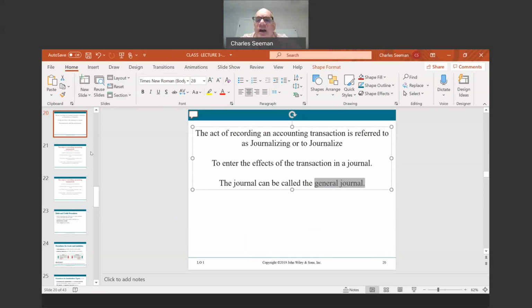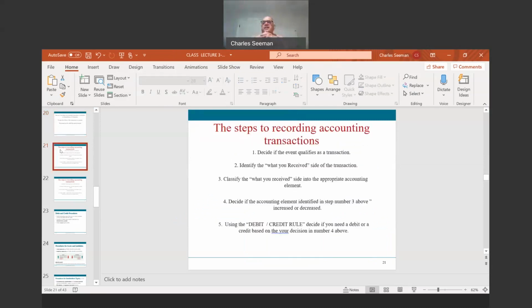First, decide if the event qualifies as a transaction. Two, if it does qualify as a transaction, identify the what you received side. Remember, every transaction is an exchange of resources. I give up something and I get something in return. So start with the what we receive side, what we get.